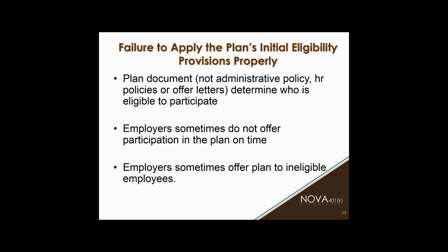It doesn't matter what your offer letters say. None of that has any weight at all on the 401k plan. And so we do find that sometimes employers are not letting people in in a timely manner. The reverse can happen too. We've seen employers let people in early or let people in late. Okay, and in each situation, the fix is a little bit different.